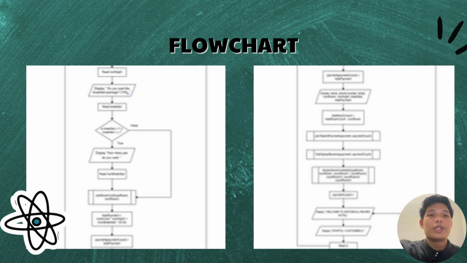If the user doesn't want the breakfast package, it will go straight to calculate room cost using the function, and the process is total payment equals room cost multiplied with num night plus num of breakfast multiplied with RM20.